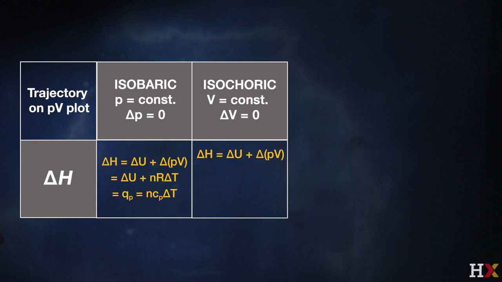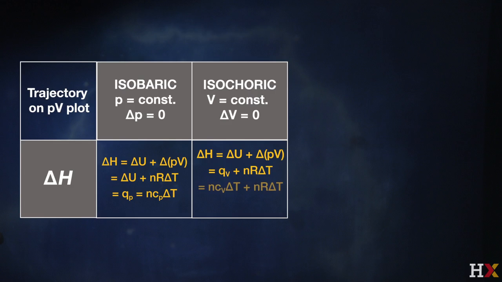That's going to be equal to Q at constant volume, because I can extract that directly from my conclusion for the calculation of delta U. But then I have plus the change in the product of pressure times volume. That's simply equal to nR delta T. All right, but we know what the value of the heat at constant volume is.